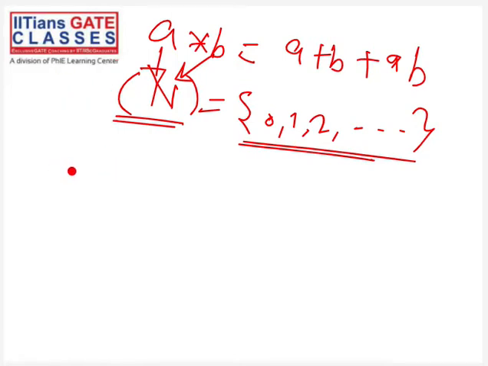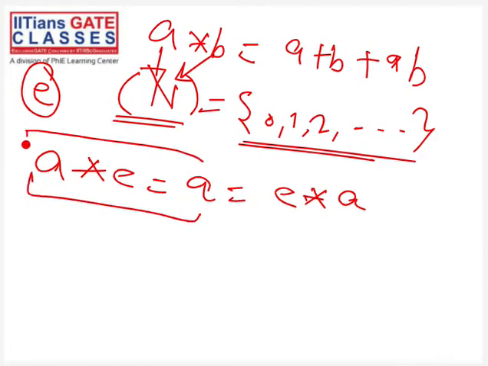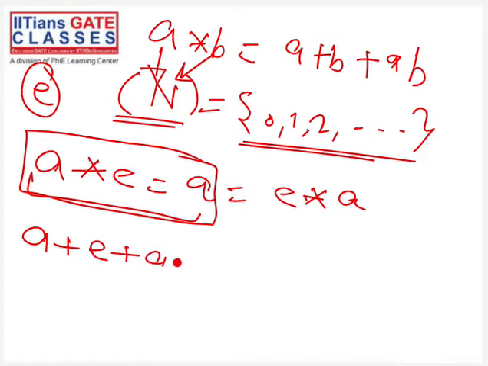Okay, so let's see whether there is identity element or not. So how to check for identity element? Let's assume that there is some identity element. Then what should happen? A star E should become A and E star A also should become A. So first let's check this thing. A star E is A plus E plus AE.